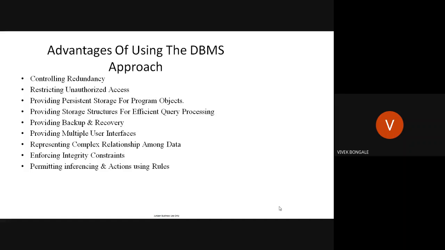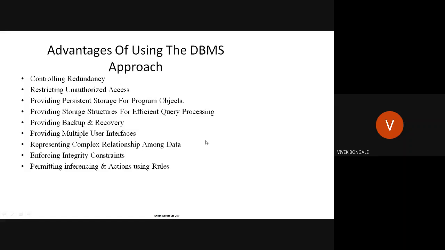Representing complex relationships among data. If data is going to be stored in the database, a database may include a numerous variety of data that are interrelated in many ways. The data may be of different types.